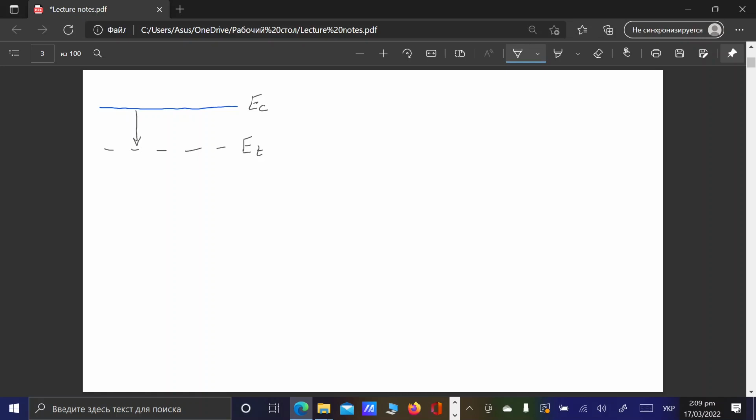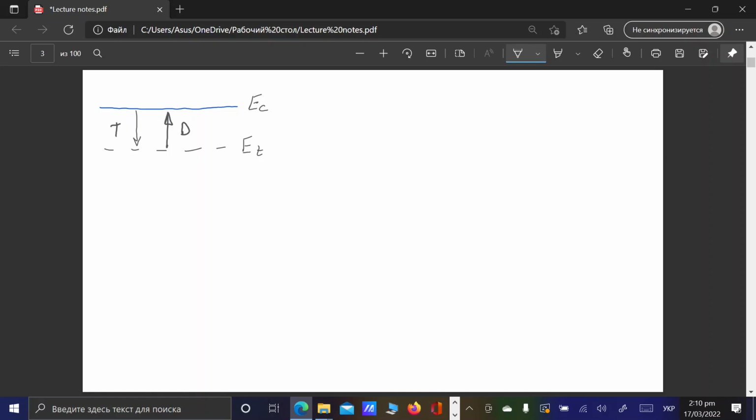For each temperature, it doesn't matter if you keep the temperature constant or you change it, you will eventually get an equilibrium condition. So we have some rate of trapping and some rate of detrapping. Under equilibrium condition, both rates should be equal because they compensate each other. So if we increase temperature and detrapping increases, then trapping should also increase.